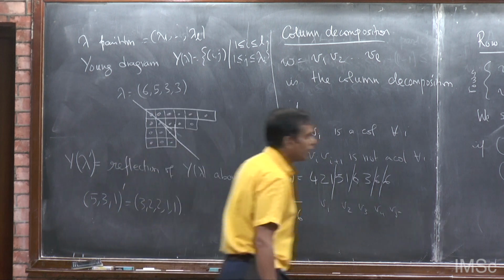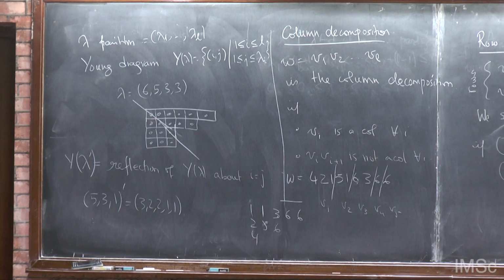So, what we have is, if you are given a tableau of shape lambda in A n, it just gives rise to a semi-standard Young tableau of shape lambda with numbers 1 to n filled into it.